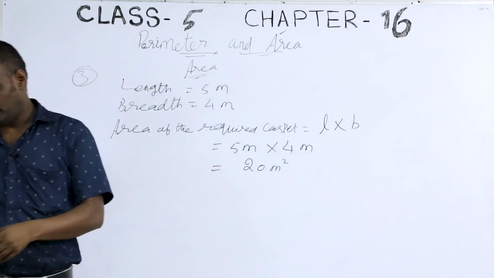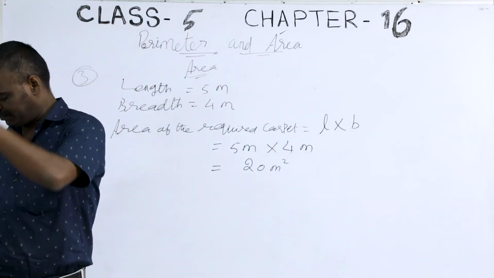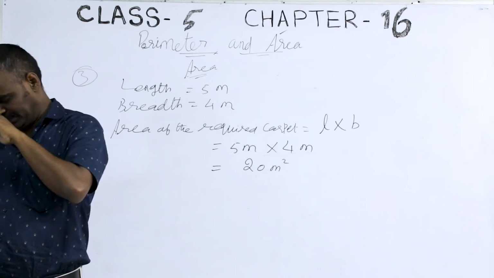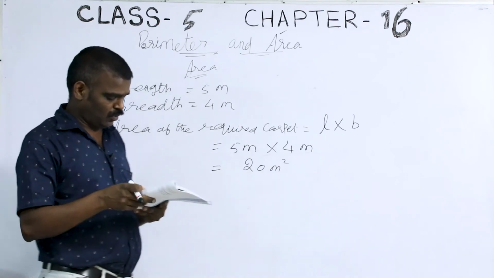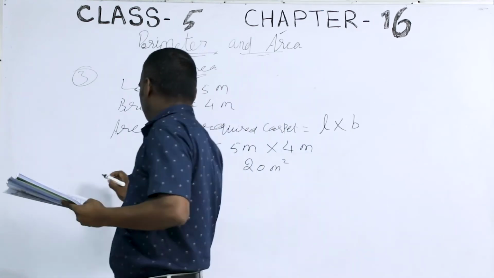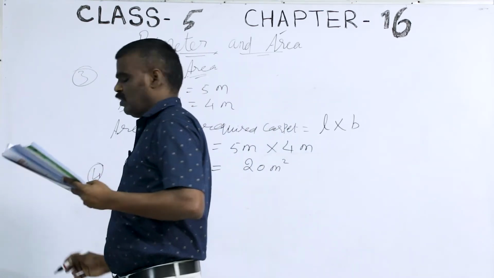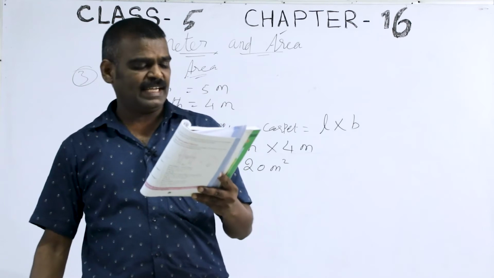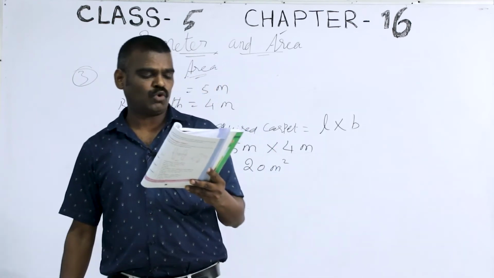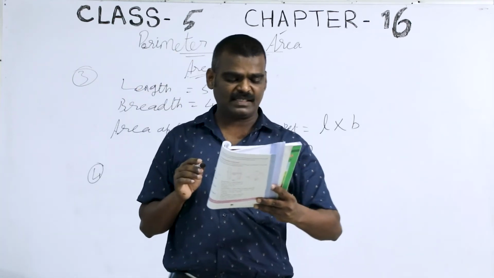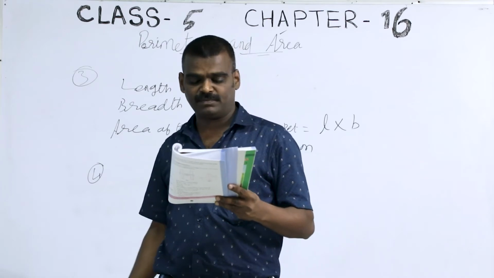Okay children, right all of you? After that we will go to the next questions. Now question number 4. Question number 4 tells a square plot of land has side 100 feet.